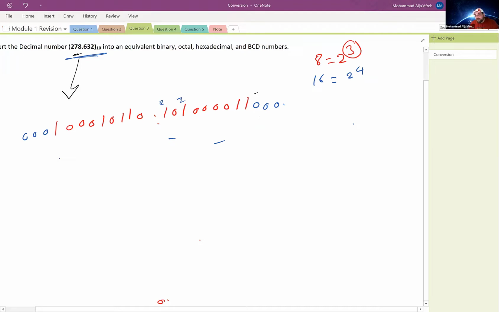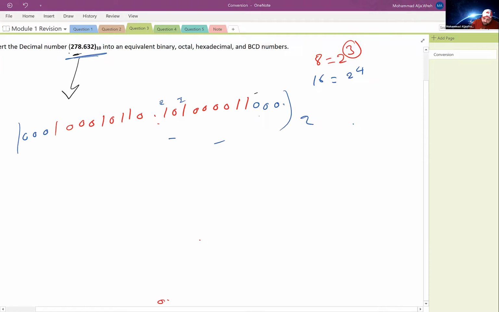I will not care about that. I will go to the decimal itself, and then convert each digit using a binary representation. So this is in binary. Don't look at it at all.